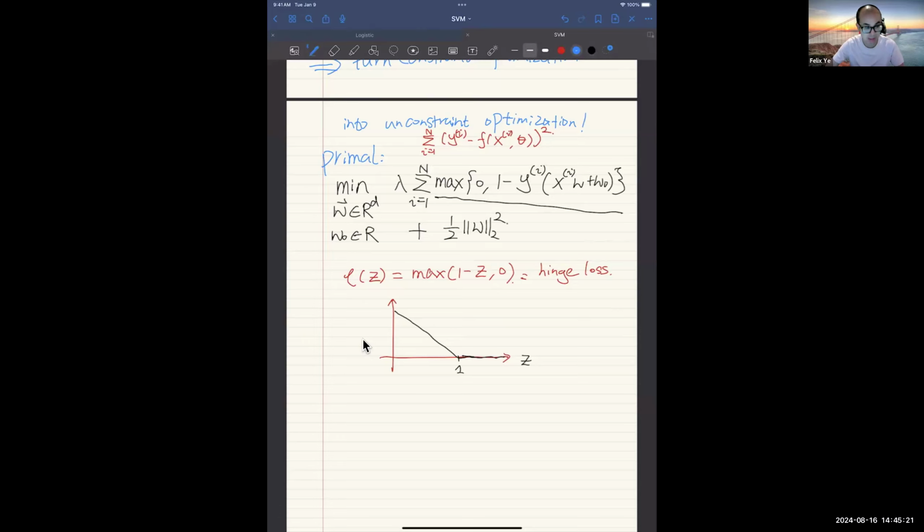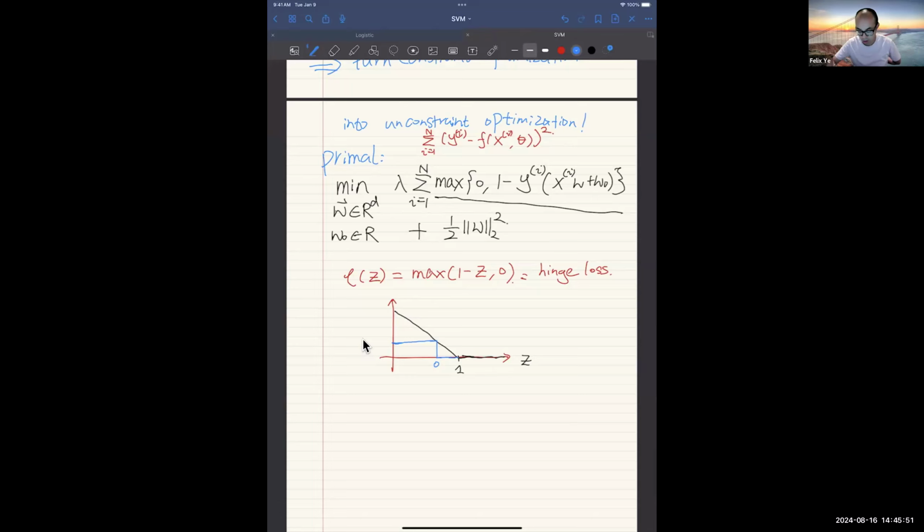The 0-1 loss looks like this: it peaks at 1, then drops to 0 right here. So the blue line is the 0-1 loss, and the red line is the hinge loss. Hinge loss depends on how far this example is from the decision boundary.